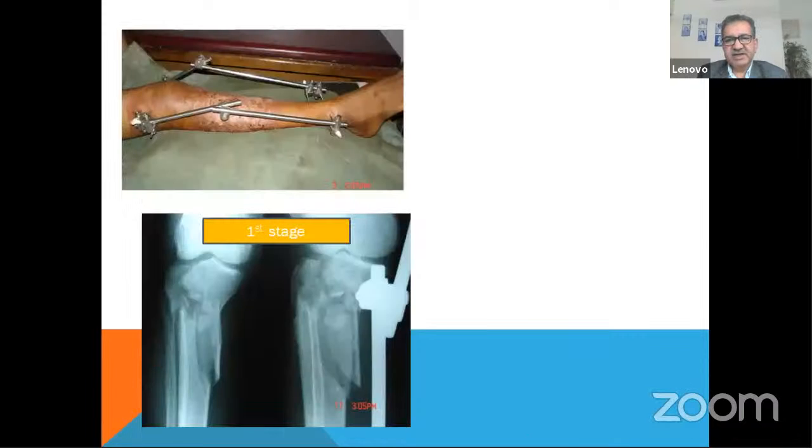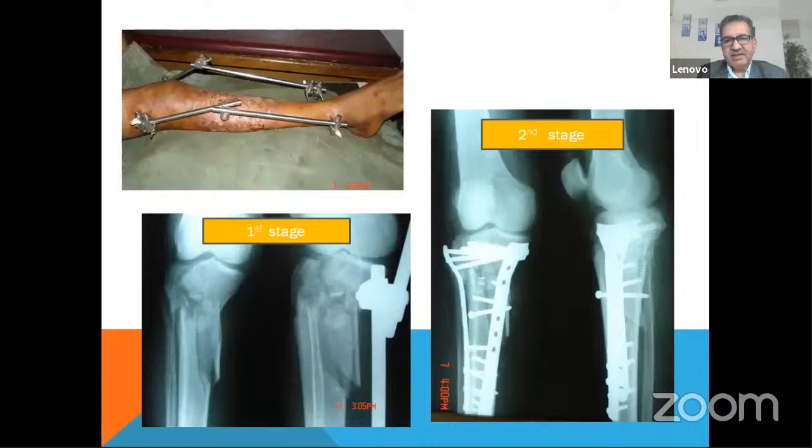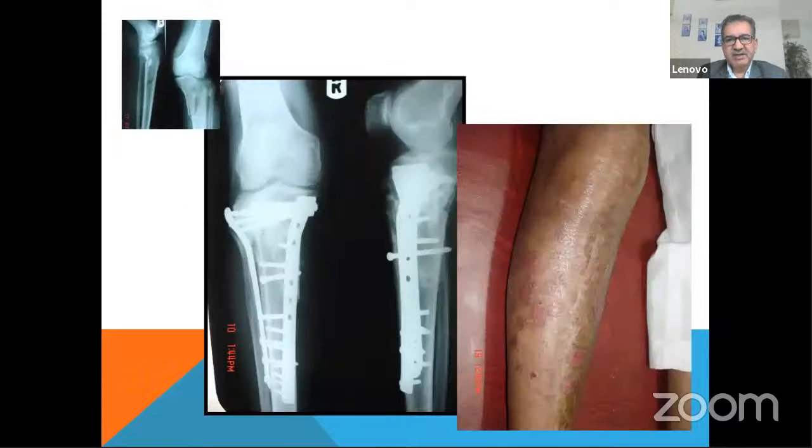So you put a fixator like that. Initially, we used to put this fixator in this plane, but now we have changed to the anterior fixator. And here no fasciotomy was done, but still the wound had healed within 14 days. And then there's the second stage fixation, which was done after 14 days. And you can see the healed blisters, and at 1 year follow-up, everything has healed well, no skin problems.